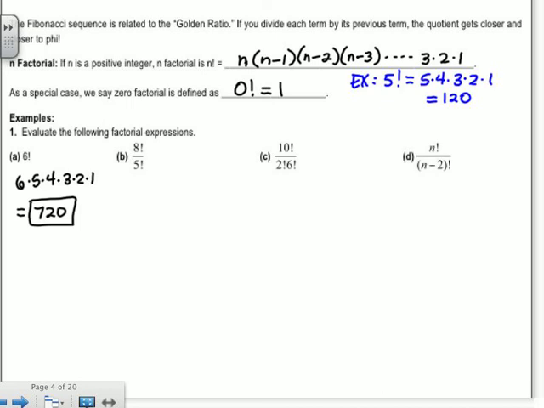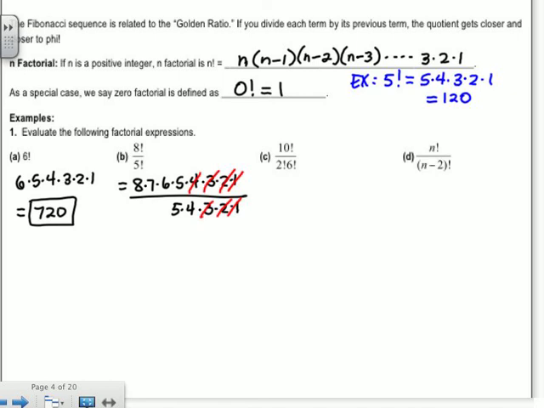Okay, next one. If I have 8 factorial over 5 factorial, the way you would probably write this is 8 times 7 times 6 times 5 times 4 times 3 times 2 times 1 all over 5 times 4 times 3 times 2 times 1. The numerator and denominator are all multiplied together, so you can reduce.